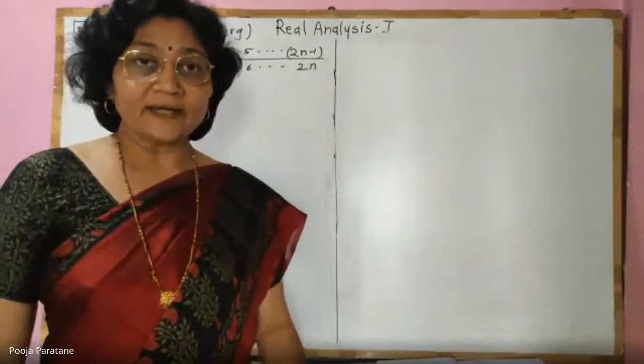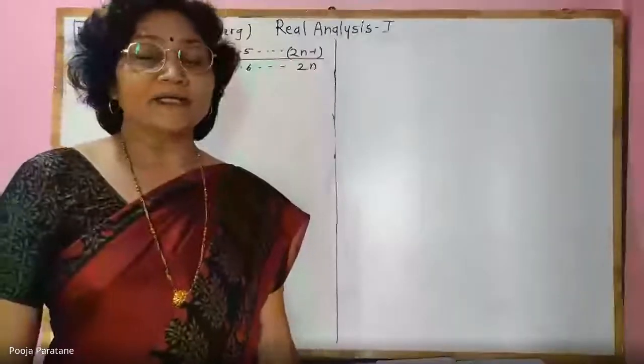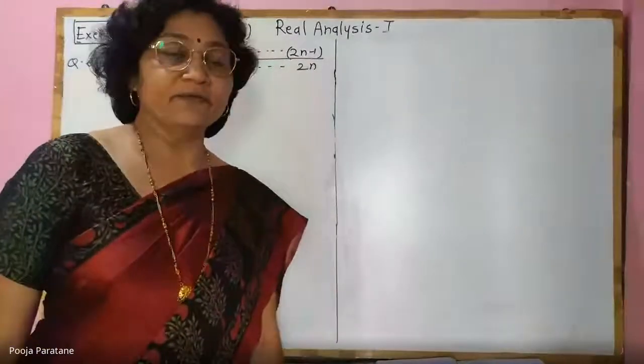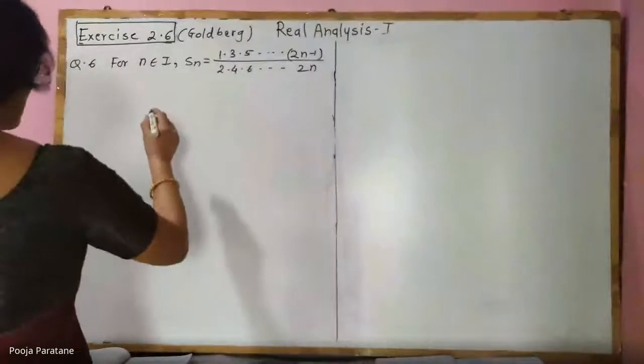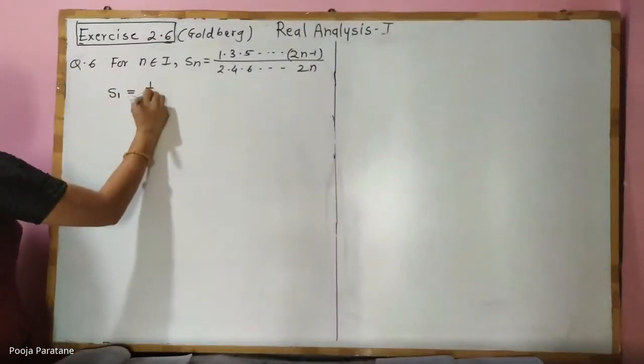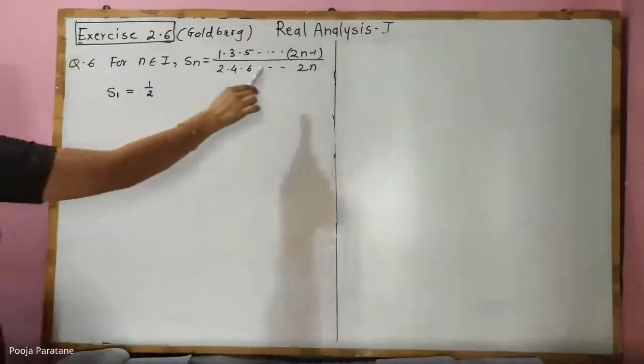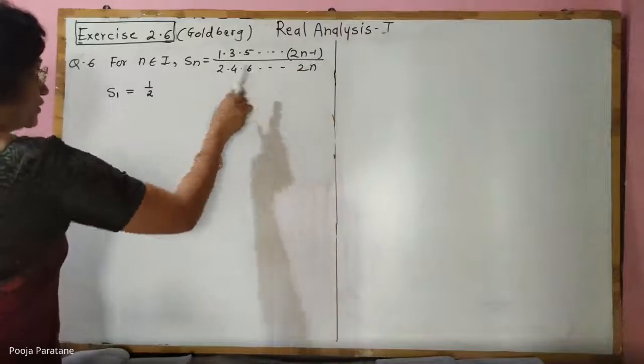Here the numerator is the continuous product of odd numbers and the denominator is the product of even numbers. That is, S1 is equal to 1 upon 2, since if we put n equal to 1, we get 2 minus 1, that is 1, and 2.